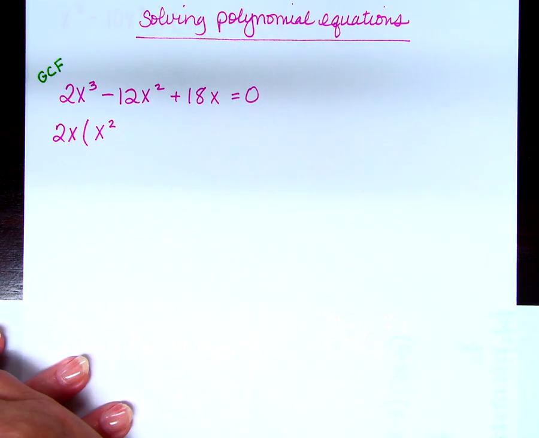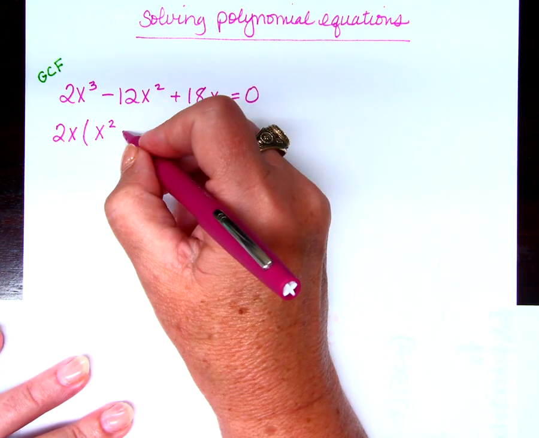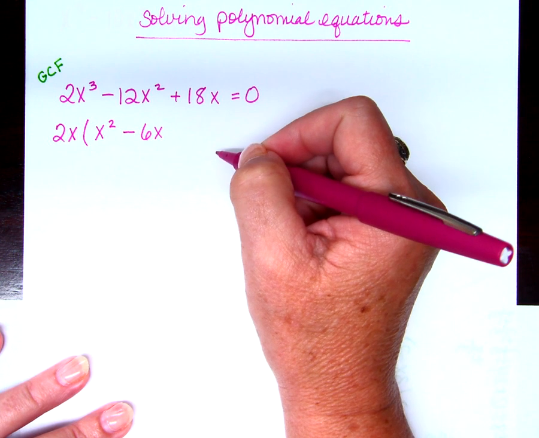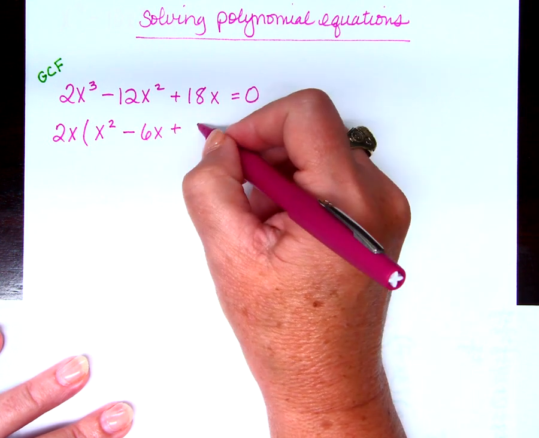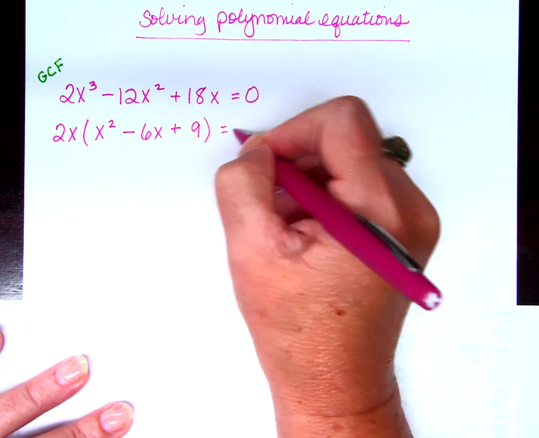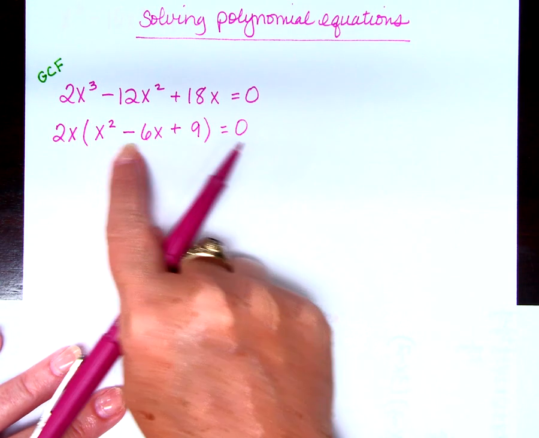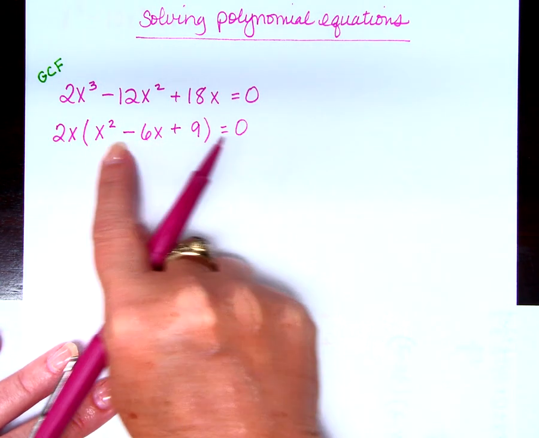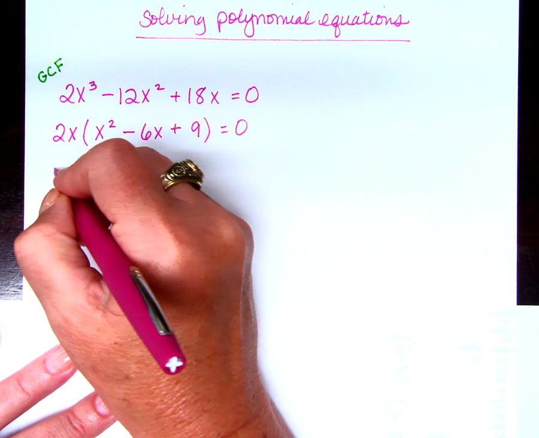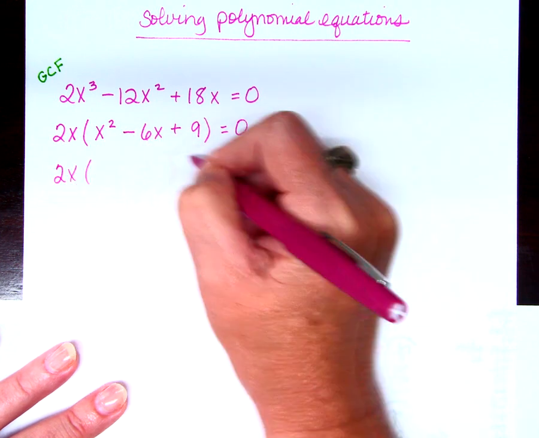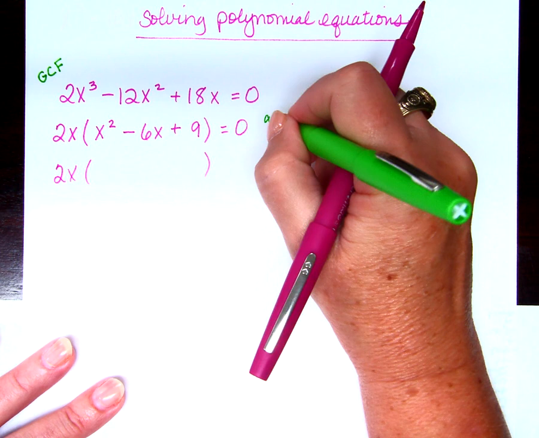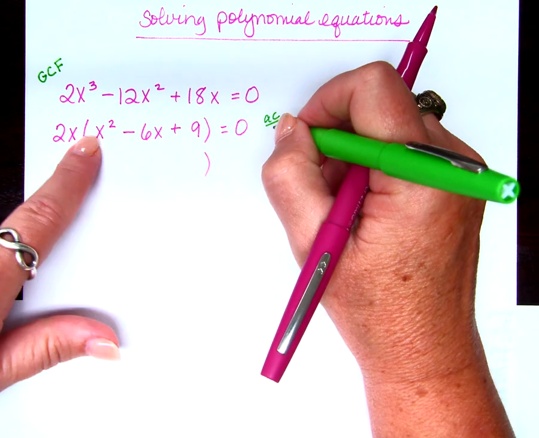x squared minus 6x plus 9, right? Well, this looks a whole lot easier to factor than that thing does, doesn't it? Because isn't this what we spent yesterday factoring? So what does it factor into? Well, what's AC? 9.